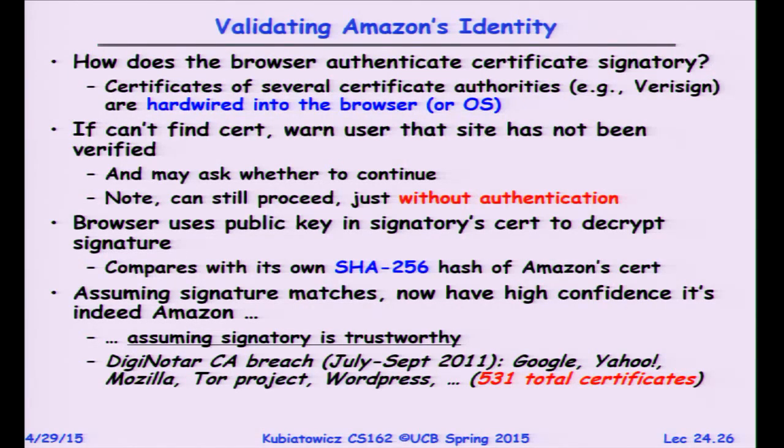So like in 2011, there was a Dutch certificate authority called DigiNotar that their key was compromised, and there was a bunch of certificates for things like Google, Yahoo, Mozilla, all signed with that key that were fake keys and therefore supported somebody in the middle.